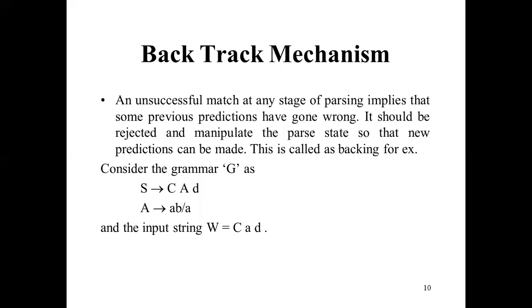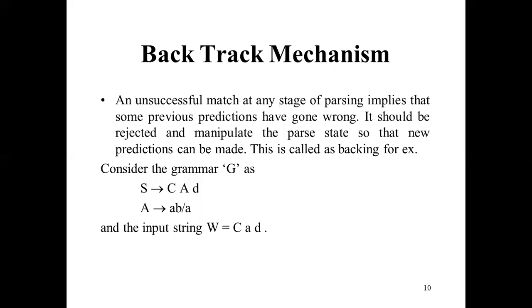In this case we will return back, which means our prediction was wrong. Then we will return again and choose another option from the given grammar. This is called the backtrack mechanism, or we can say backing.